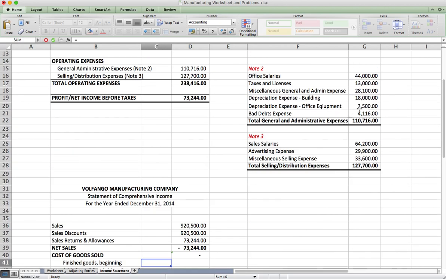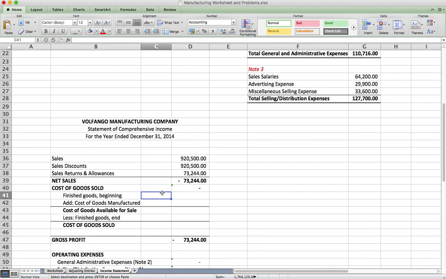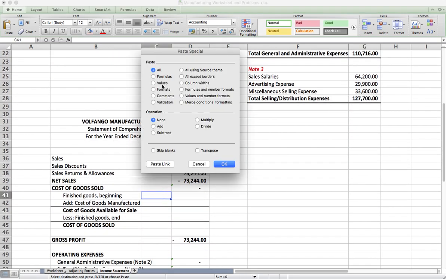Finished tools beginning. Kunin ko lang itong amount dito, ha. Values.